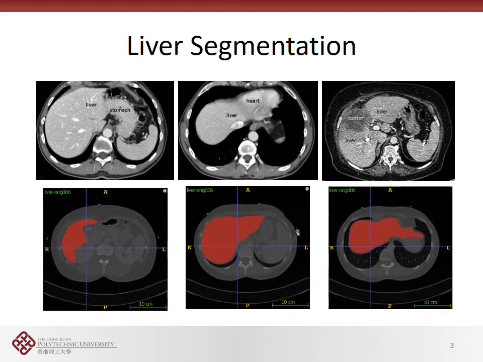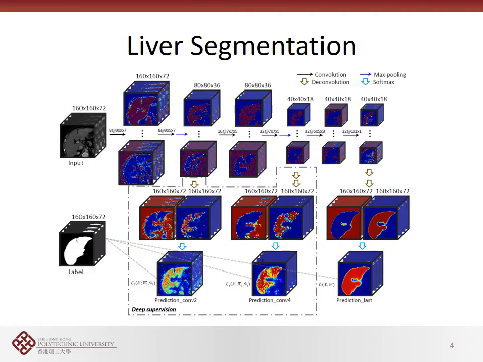In addition, in figure 3, you can see the pathologies such as tumor and cirrhosis. So in figure 3, there is a tumor, which makes this task even harder. So we propose a novel deep learning model to handle this challenging task.